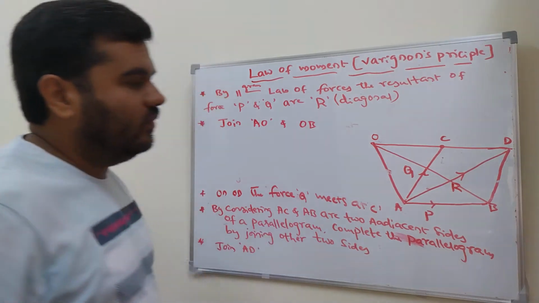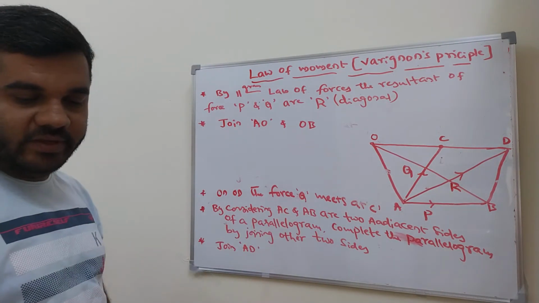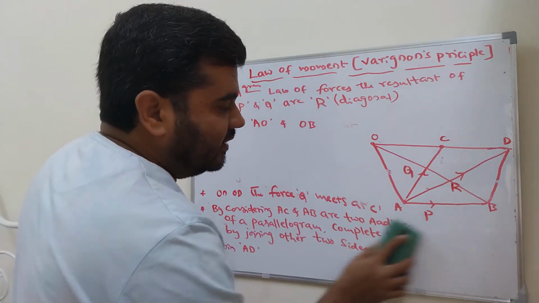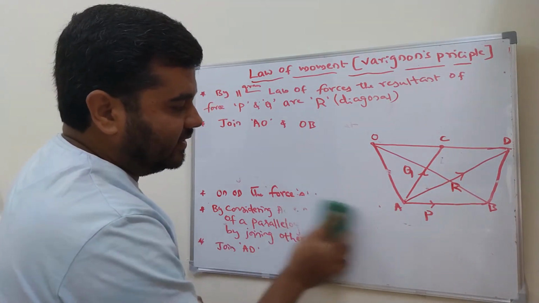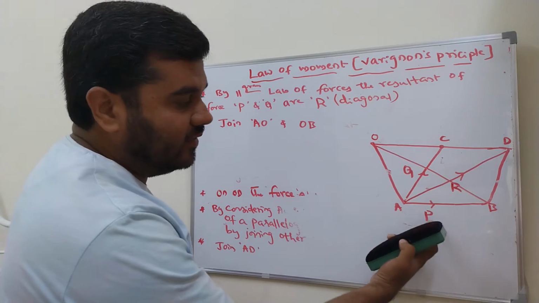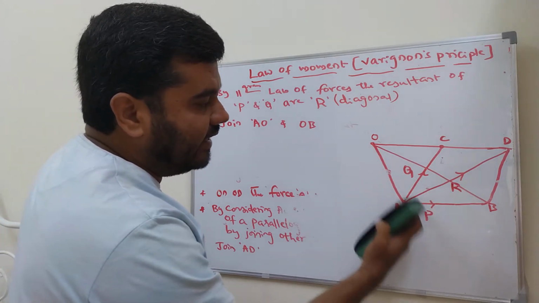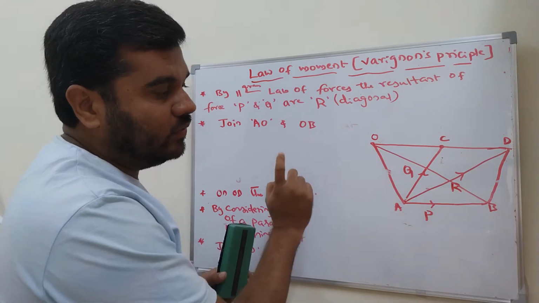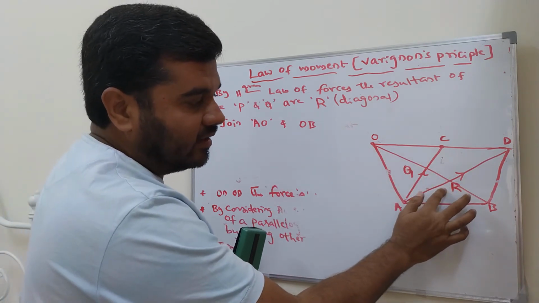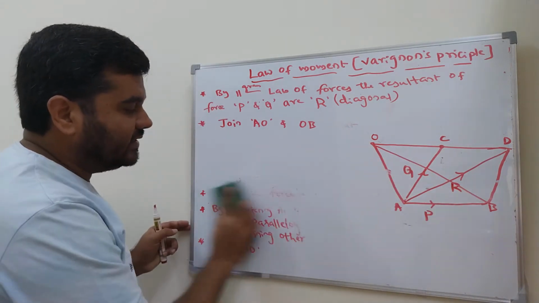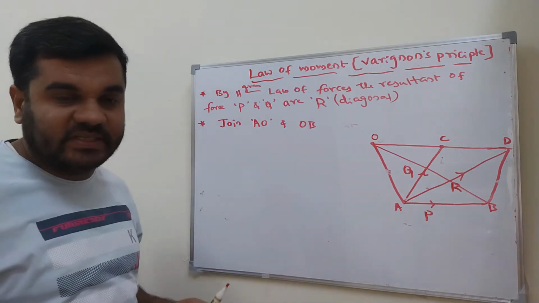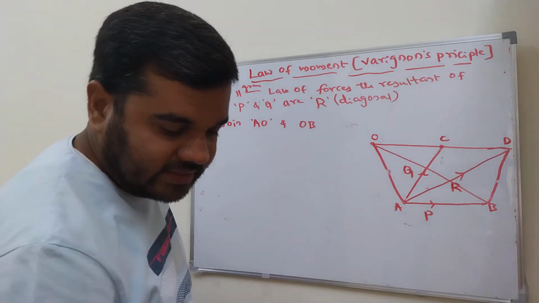Okay, join AO and OB. Now by considering this diagram, you need to prove that the algebraic sum of the moments of P and Q about O is equal to the moment of R about O. This is the law of moments, that is Varignon's principle. Now we'll prove the same here. Okay.